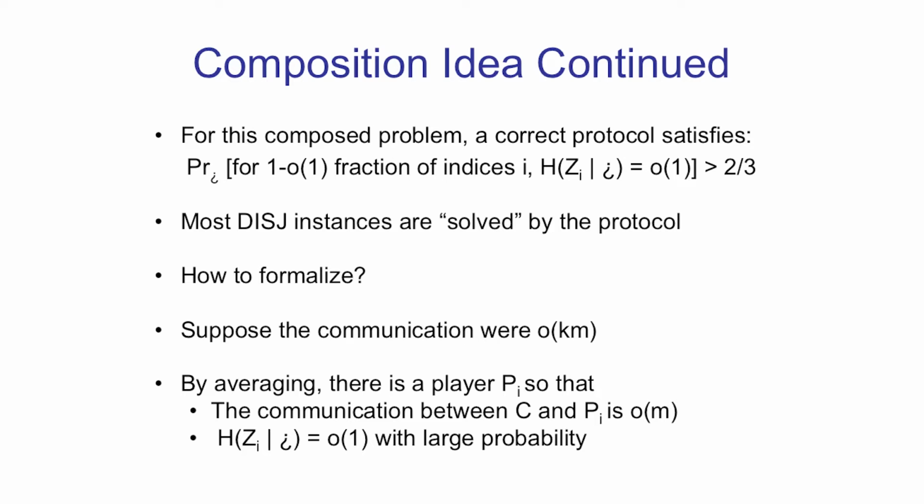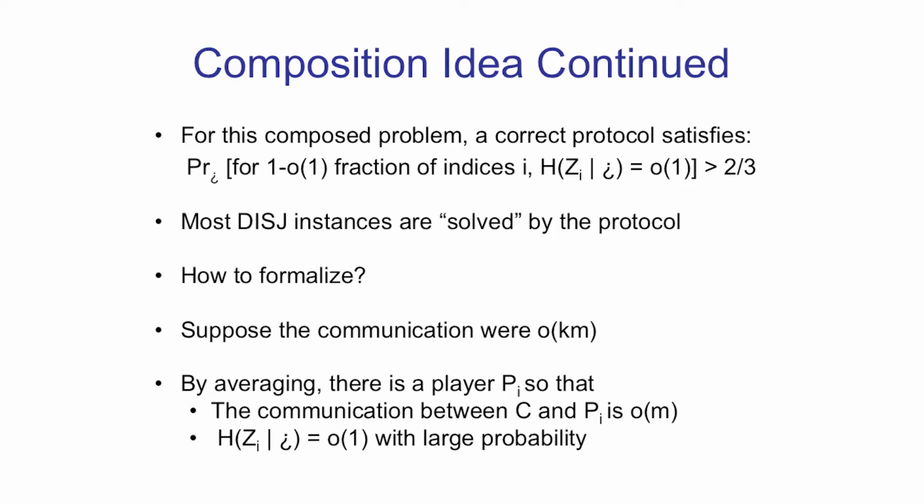Now this Zi is the output of the disjointness instance between the coordinator and the ith player. So for a typical transcript, a large fraction of the Zi's are determined.